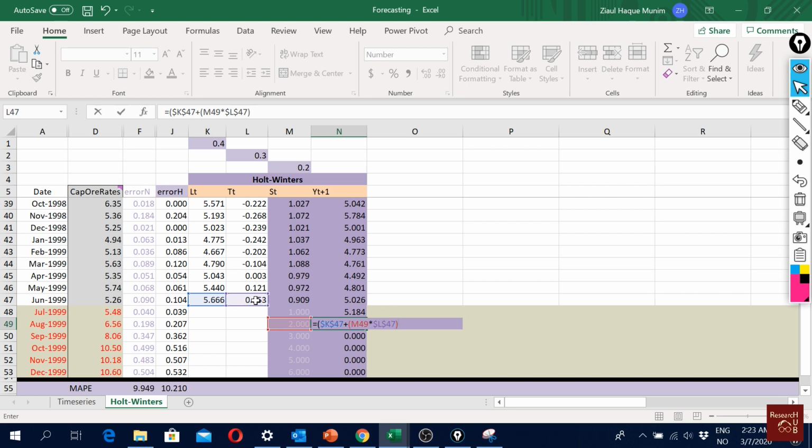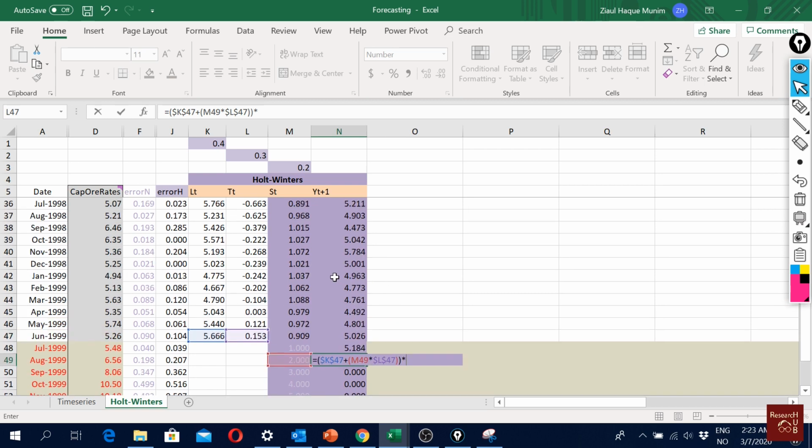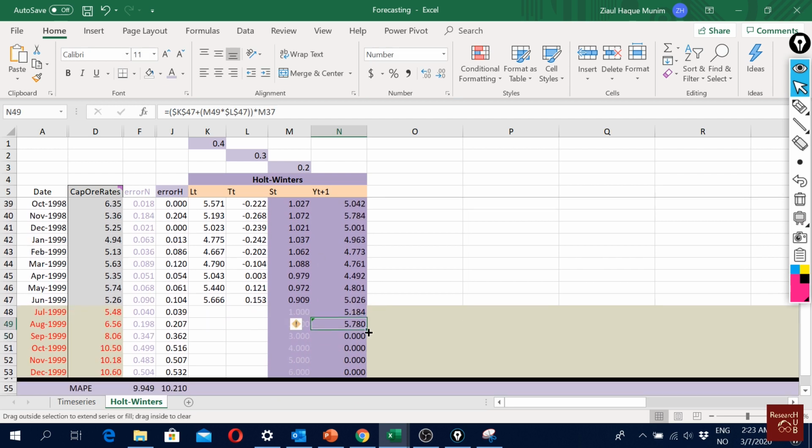And then I close my bracket and my other bracket, and then I multiply with its corresponding seasonal value, and that would be August of last year. So where do we have it? We have it here. So I'm going to select this one, enter. And then I'm just going to scroll it down.